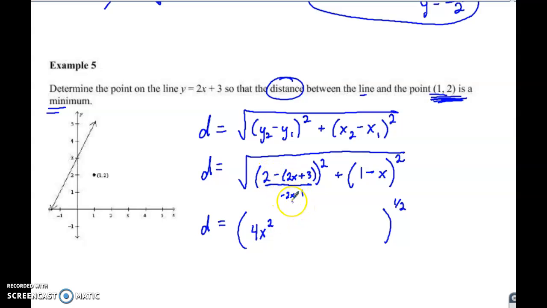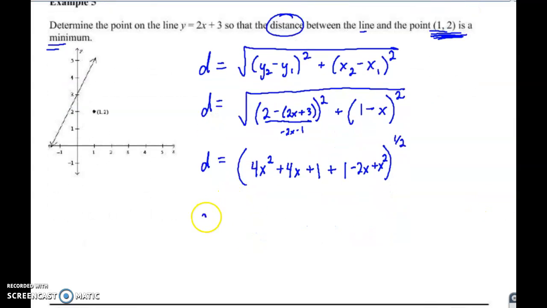Let's see, it would be a positive 4x, and negative 1 times negative 1 is positive 1. And same thing with that. We're going to have a plus 1, minus 2x, and then plus x squared. Ugh, kind of want to clean that up too. This is kind of like a habit of mine, I guess.